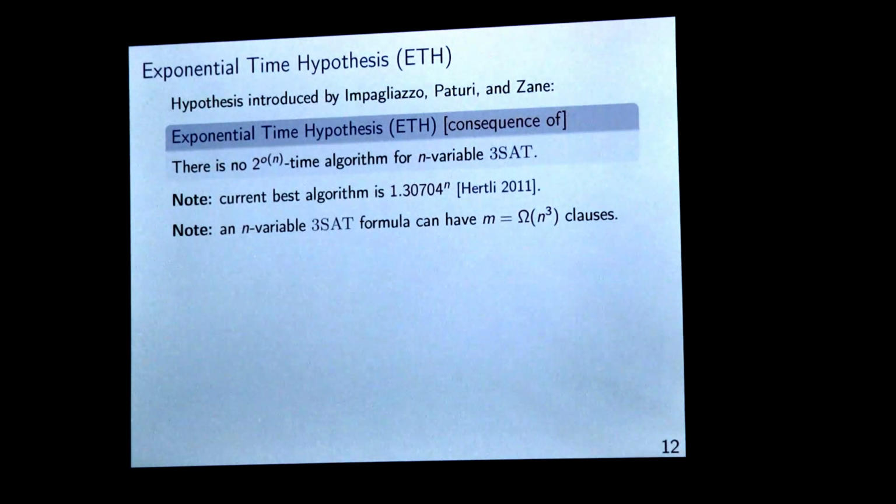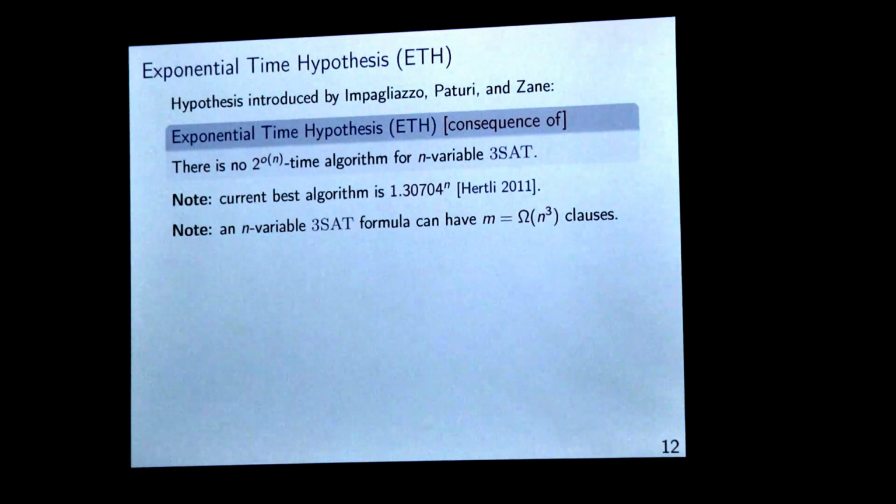They do not say exactly this, but you can derive from their statement that there is no 2 to the power little o of n time algorithm for n variable 3 SAT. So now we are talking not about general SAT, but SAT where every clause has size 3 and n is the number of variables.